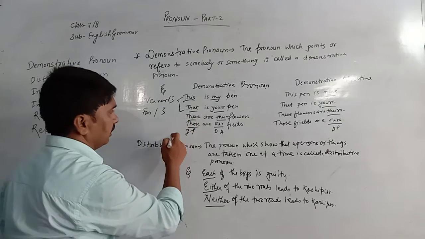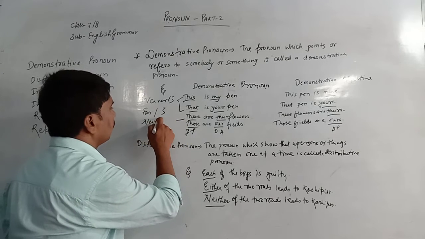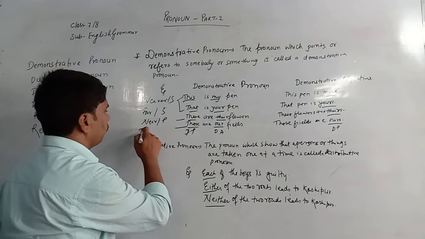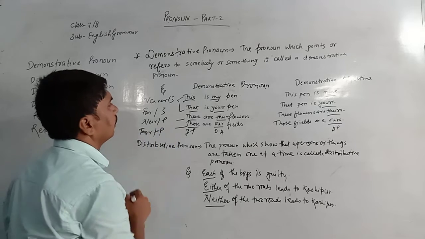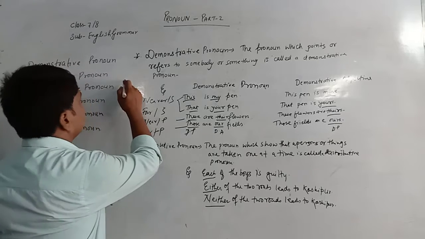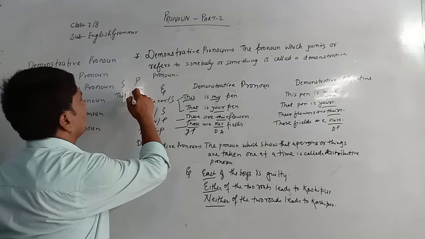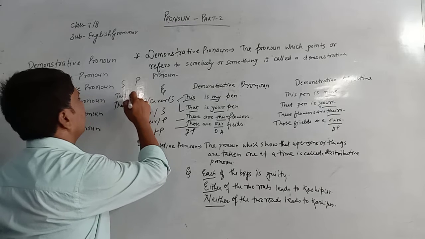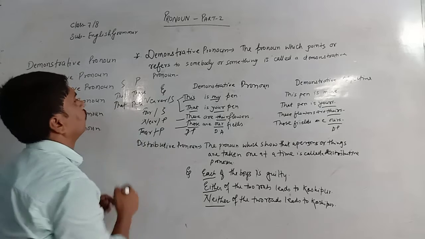If you talk about these and those, these refers to nearer things but in plural form, and those refers to far and plural. So this and that are singular, and these and those are plural.